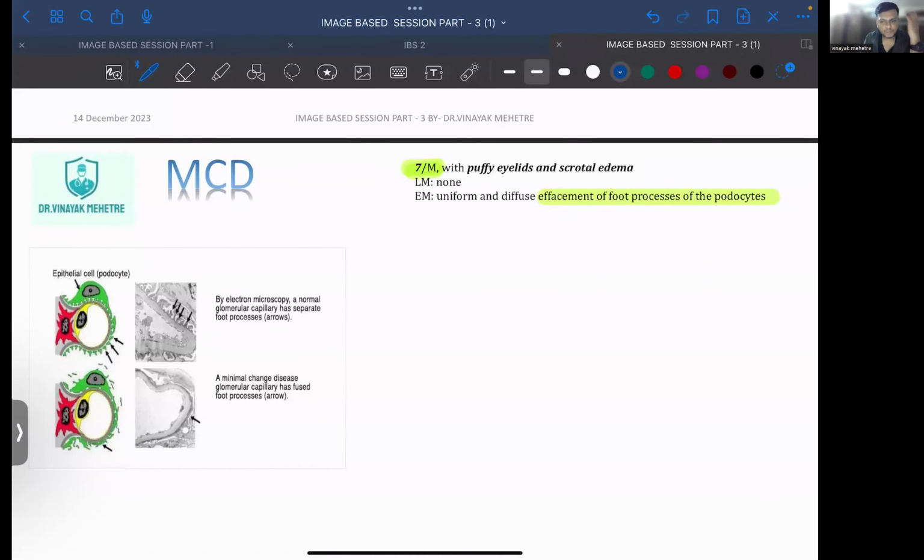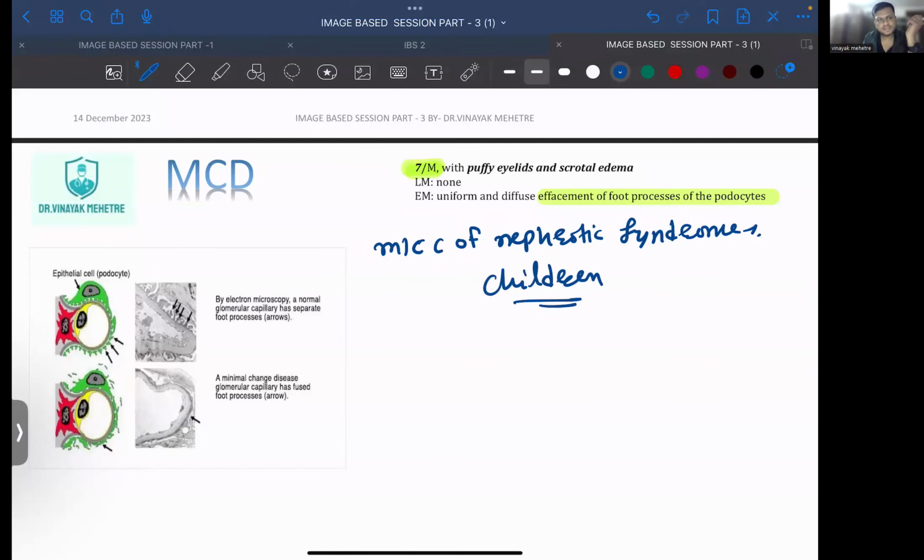It is the most common cause of nephrotic syndrome in children, the lighter version of old, right? So in short, MGN is in adults, that is the bigger version.